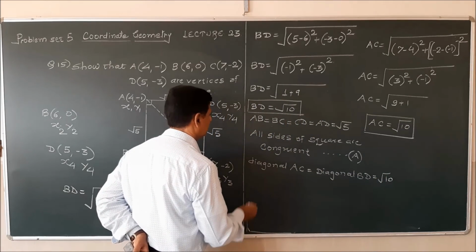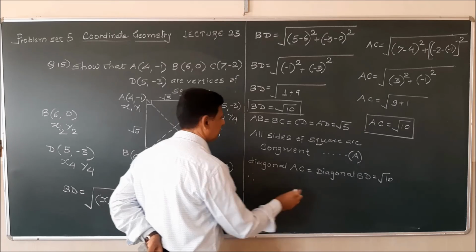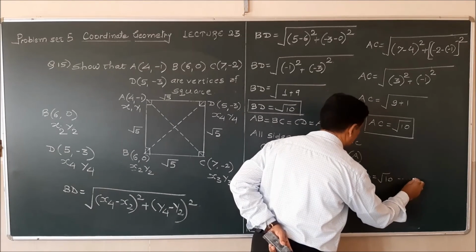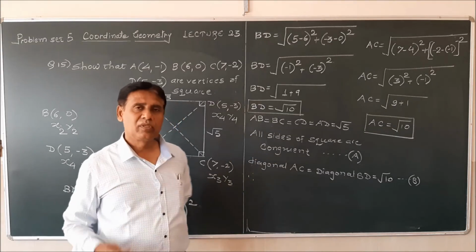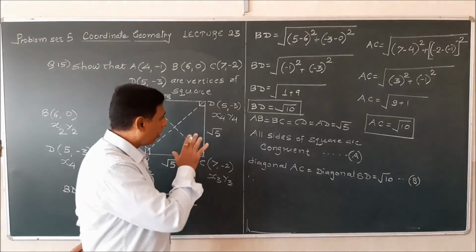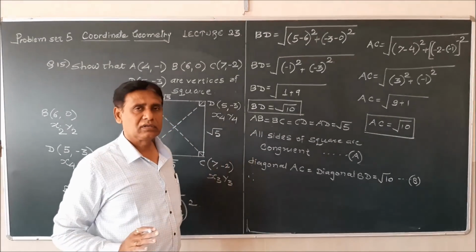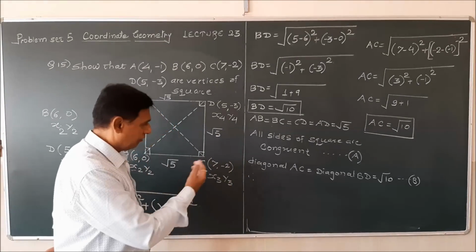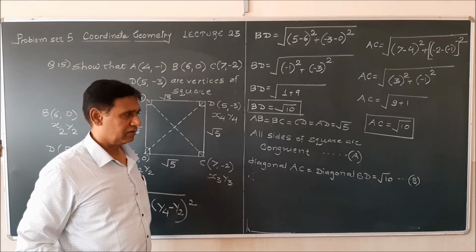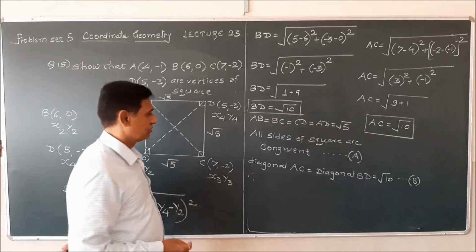Okay. So therefore, this is B. In result A, we proved all sides are congruent and the value of each one of them is root 5. In B, we proved diagonal AC is equal to diagonal BD, that is equal to root 10.